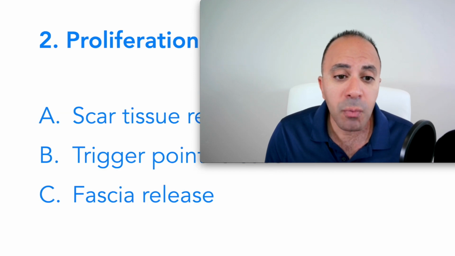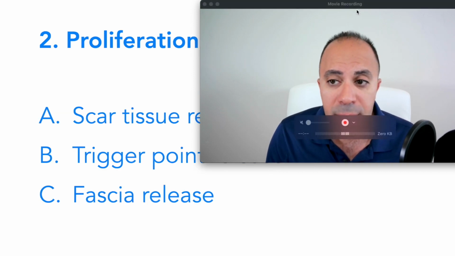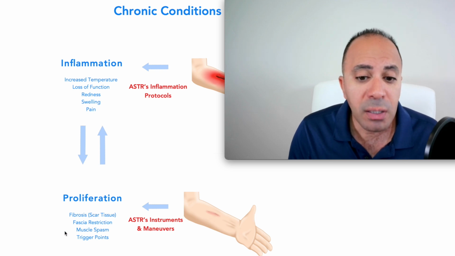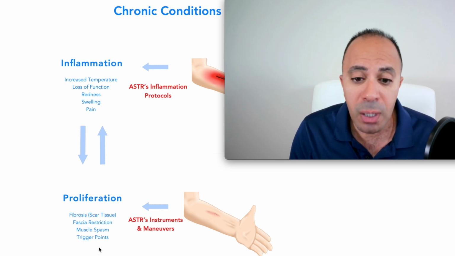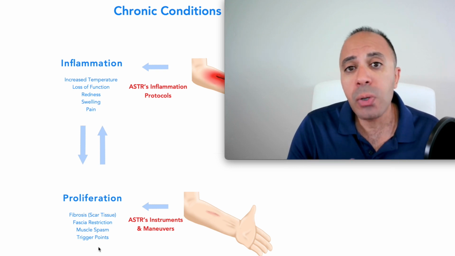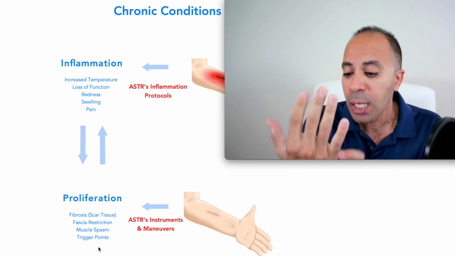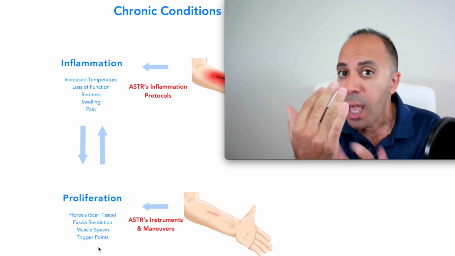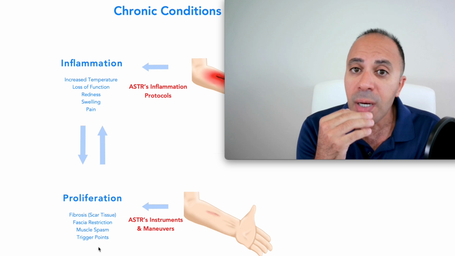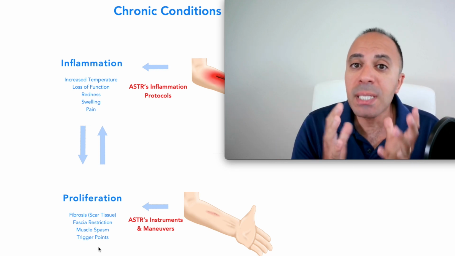The second thing we need to work on is the proliferation stage. As we see here, the proliferation stage includes scar tissue, fascia restriction, muscle spasm, and trigger points. We have to work on all of these simultaneously, because when you start to have carpal tunnel, you start to have scar tissue there, the fascia starts to restrict, you start to have muscle spasm, you start to have trigger points. It all happens simultaneously.